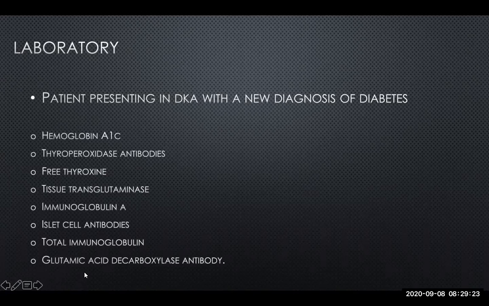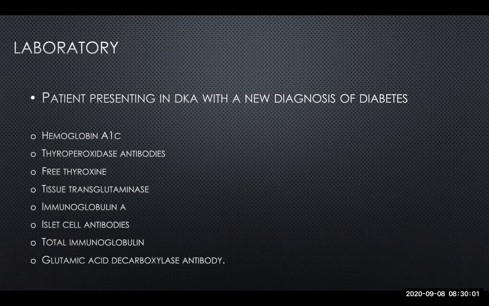In the lab too, for a patient presenting in DKA with a new diagnosis of diabetes, we want to know if the patient has type 1 or type 2. This is not an emergency lab, but eventually we are going to send it: the hemoglobin A1C, thyroperoxidase antibodies, free thyroxine, tissue transglutaminase, immunoglobulin A, islet cell antibody, total immunoglobulin, and glutamic acid decarboxylase antibody.